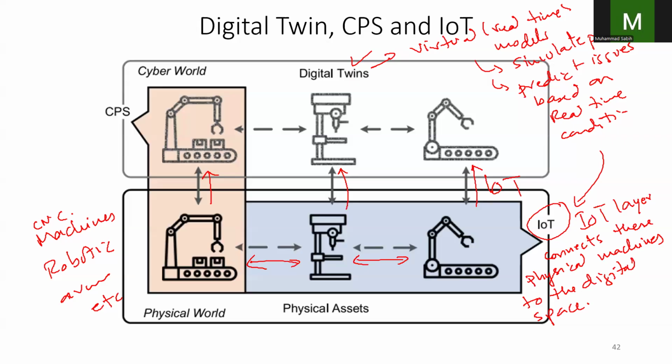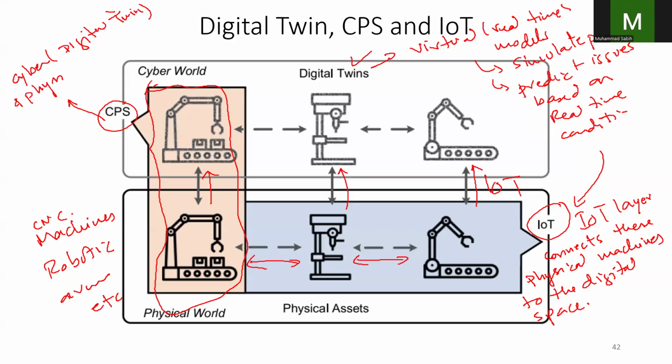And this is the CPS layer, in orange. The Cyber Physical Systems layer is the integration layer where the cyber digital twin and the physical system interact intelligently.